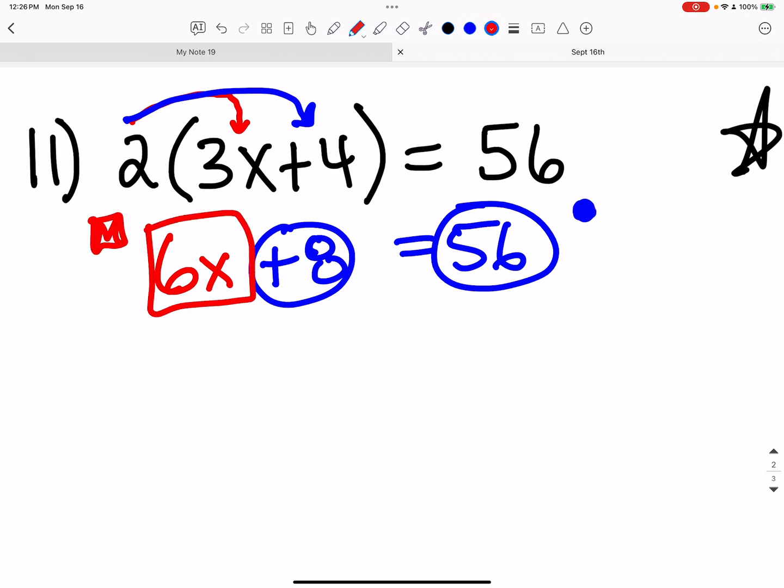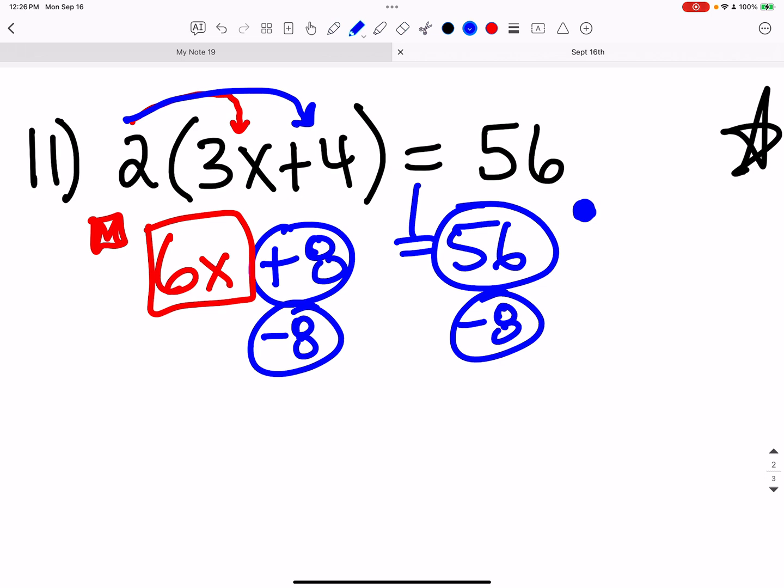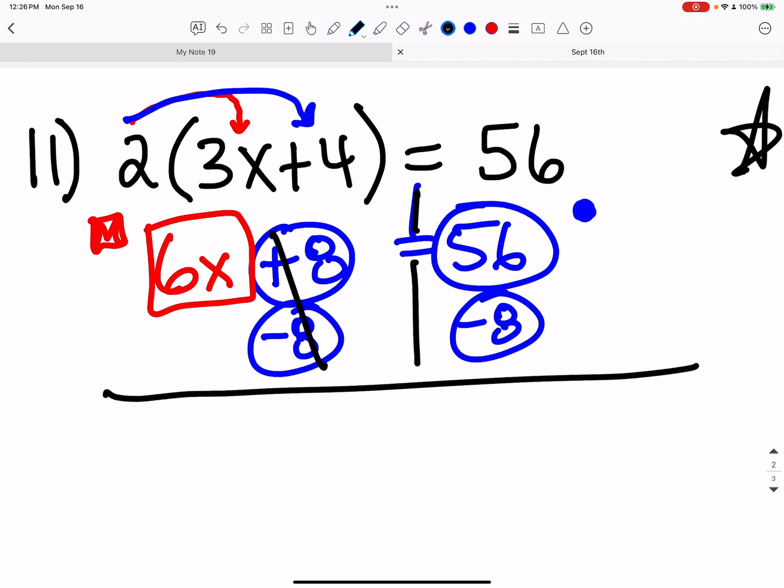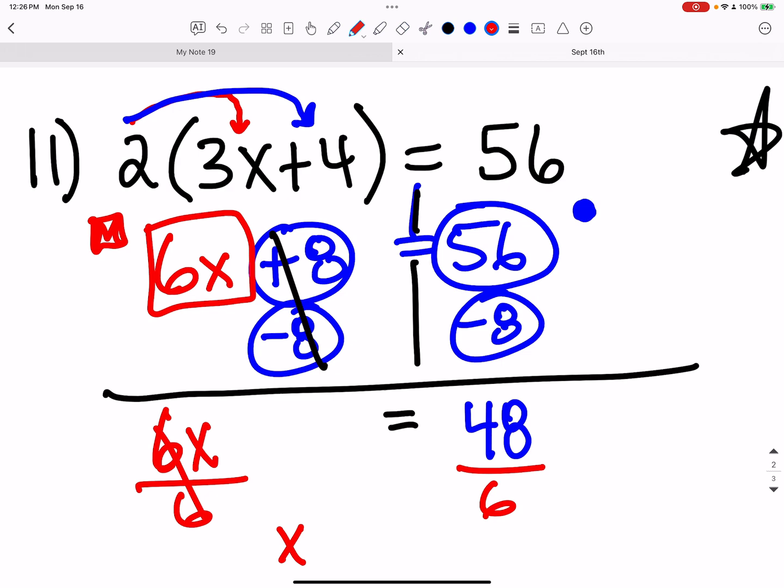This must be my room, which means I got to move negative 8 into the baby's room. Okay, so dead. 6 x's equal 56 minus 8 is 48. Divided by 6, I'm going to kill the 6, and x equals 8.